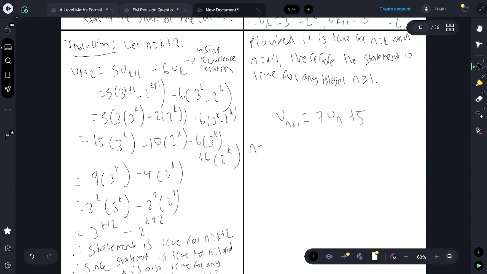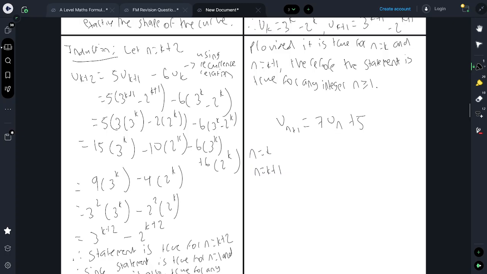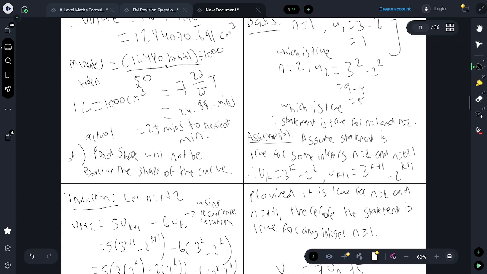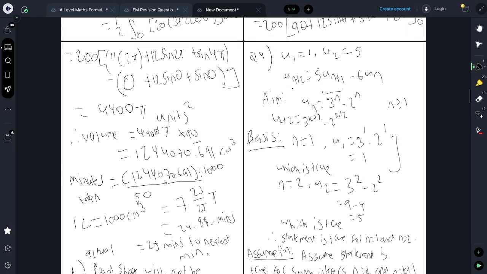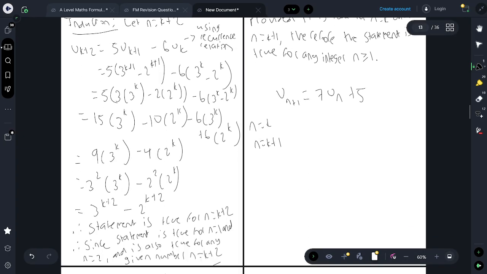So you could just assume n is k and then induct with k plus 1. That'd be completely fine because you only need one previous number, right? But whereas in our example here, you need two previous numbers. So you're going to need to consider two assumption values before you induct, okay?